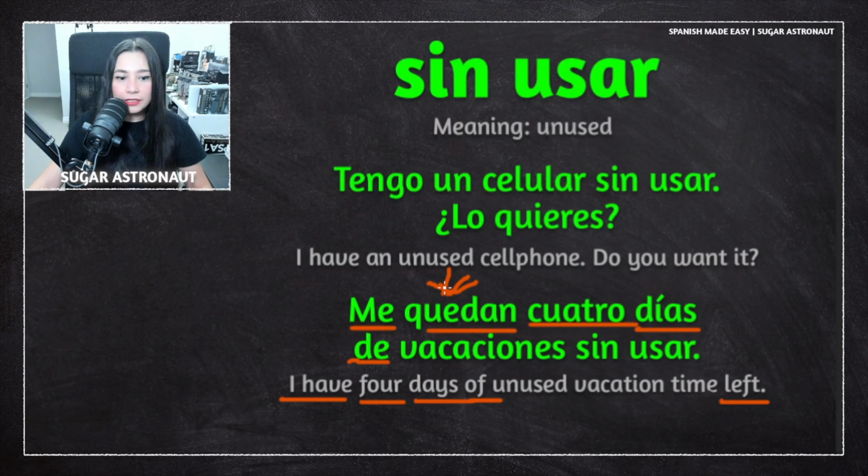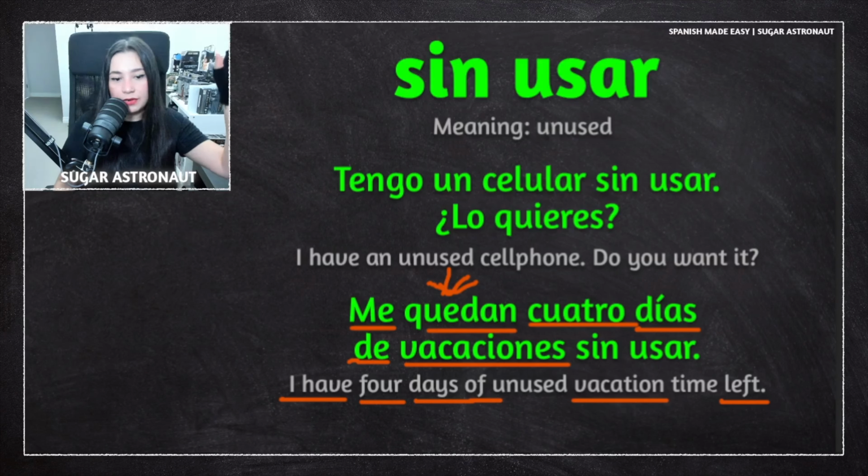It depends on the situation, of course. Vacaciones. Vacaciones means vacation. So in Spanish, it's a common thing to say vacaciones when referring to vacation, but you can also say vacación, okay? But I would say it's more common to say vacaciones.